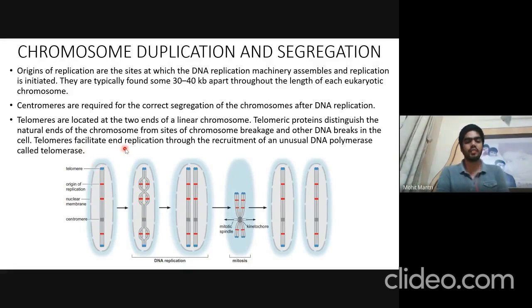Telomeres facilitate replication through the recruitment of an unusual DNA polymerase called telomerase. Because of the mechanism of DNA replication, the end regions of the chromosome are usually not able to replicate, so a special enzyme such as telomerase is required for replication of such DNA.